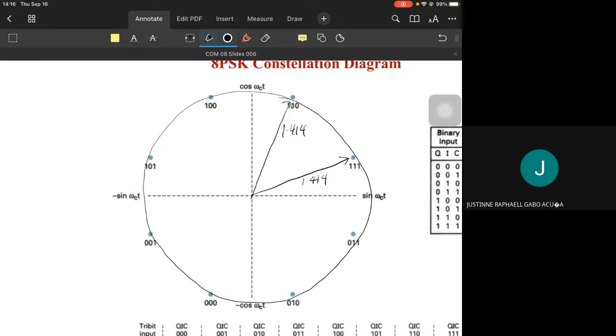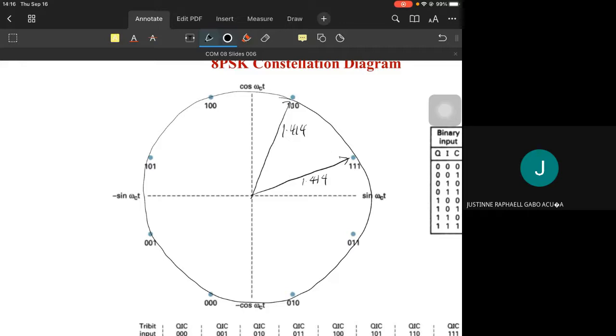So if the constellation diagram shows us that the points lie on one circle, it means the same amplitude, with only the phase differing. Okay.